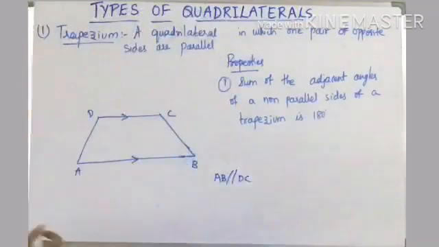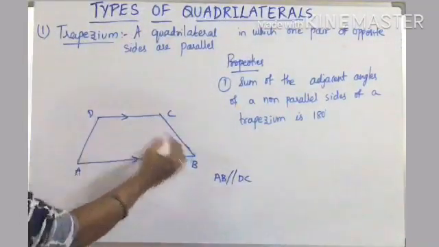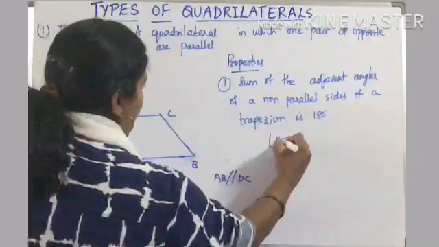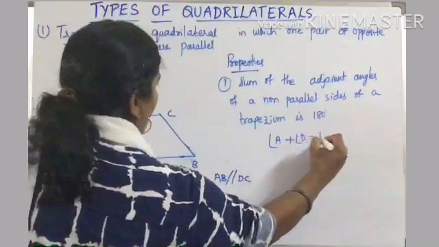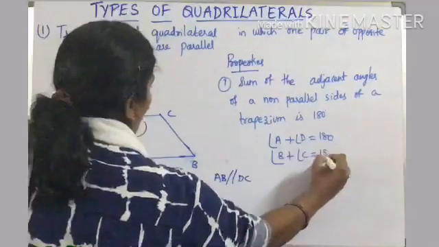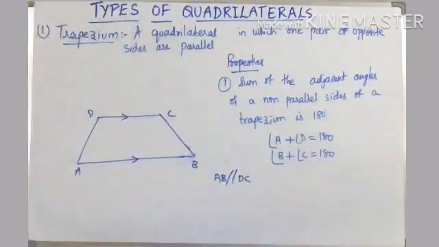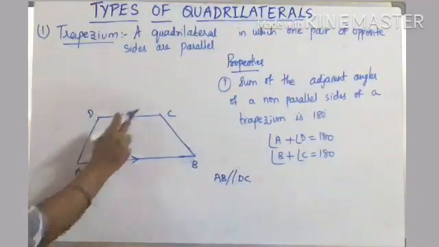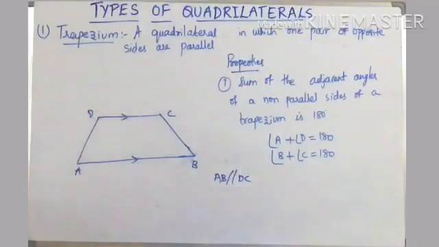Here the non-parallel sides are AD and BC. So we can take angle A plus angle D equal to 180, or angle B plus angle C equal to 180. This is the only property. The sum of the adjacent angles of the non-parallel sides of a trapezium is 180.